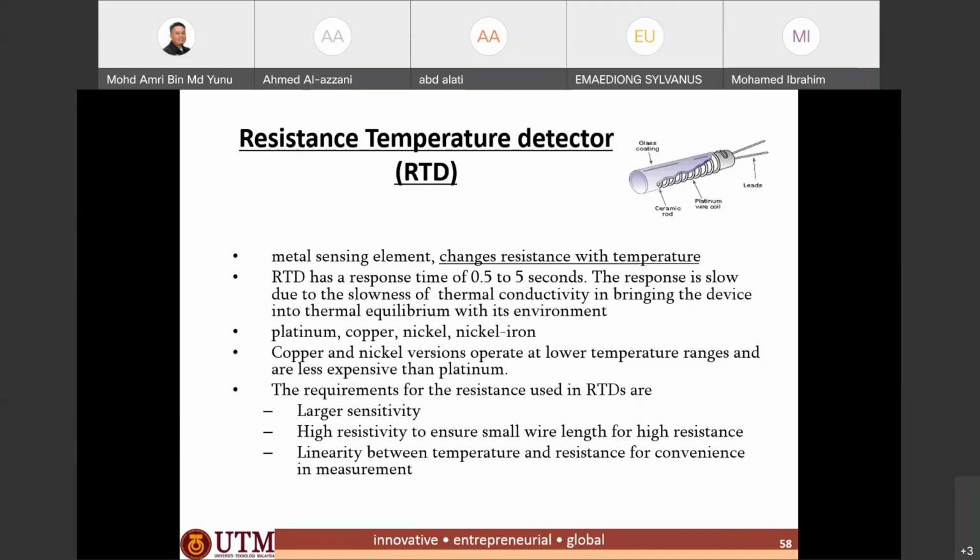The high resistance value of the RTD helps to reduce the loading effect in the measurement. Okay, and they are also used because of the linearity between temperature and resistance.